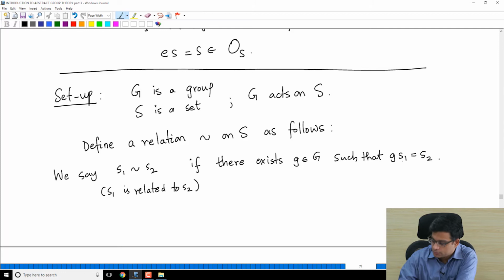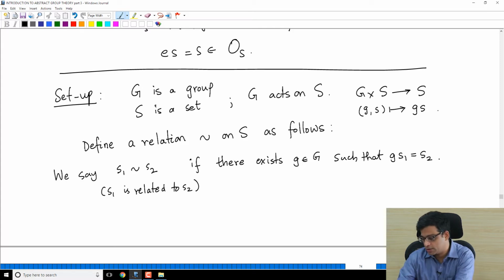Remember, gs1 denotes the action of small g on small s1. So that is how we denote the action. The action means there is a function from G cross S to S which takes an element (g, s) to gs. Instead of writing g star s or g dot s, we will, for convenience, denote the action by gs.